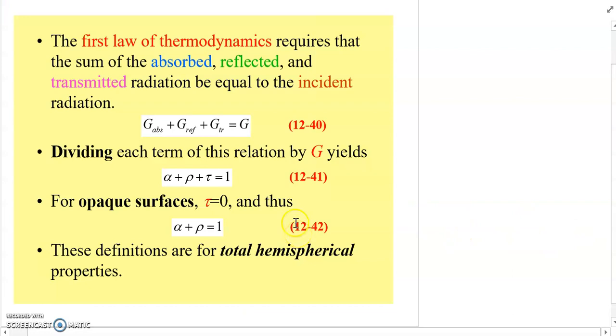So your total G is equal to the radiation absorbed, radiation reflected, and radiation transmitted. The first law of thermodynamics requires that the sum of absorbed, reflected, and transmitted radiation be equal to the incident radiation. So if we divide all these terms by G, you get alpha plus rho plus tau equals 1.